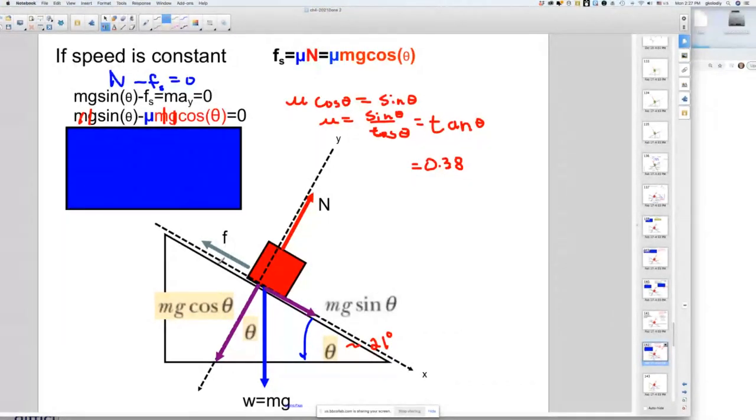So again, if you find the angle at which this just moves down with constant speed, doesn't accelerate, then the tangent of that angle, whatever that angle is, is in fact the coefficient of friction.